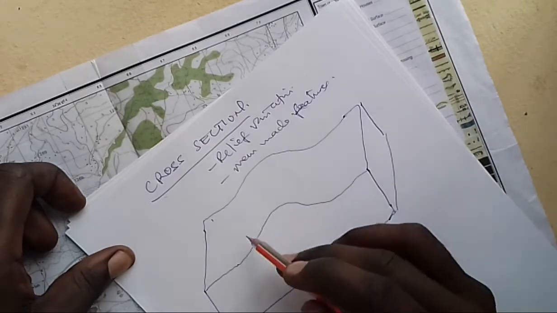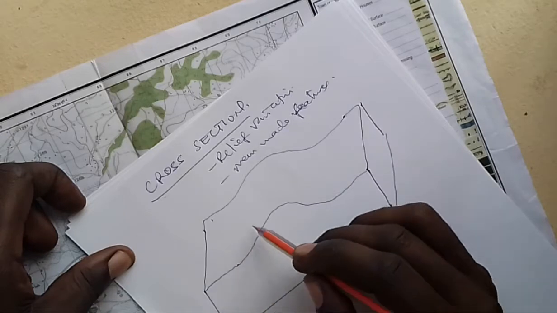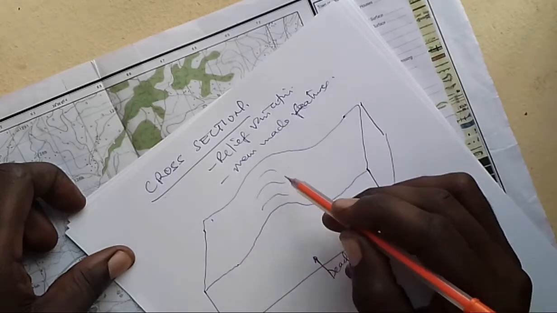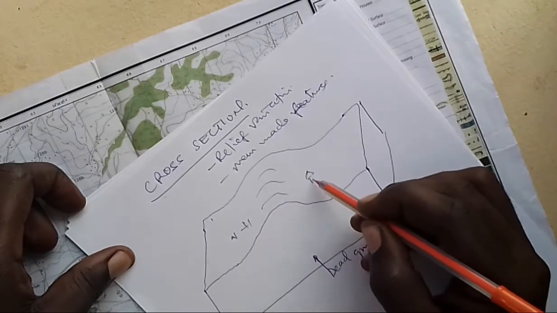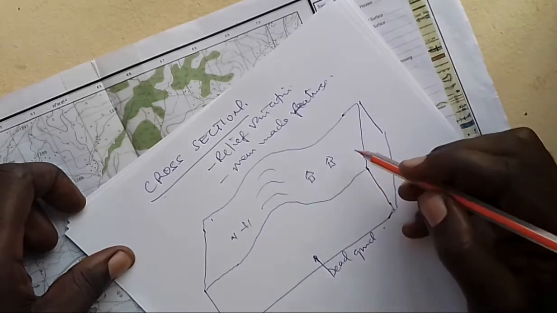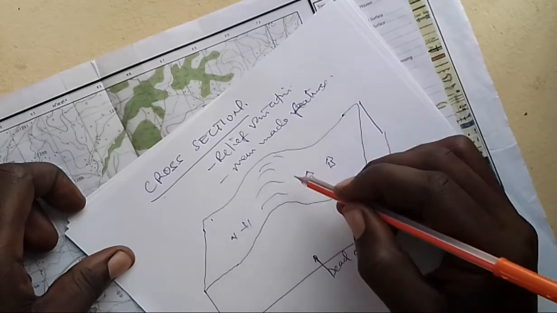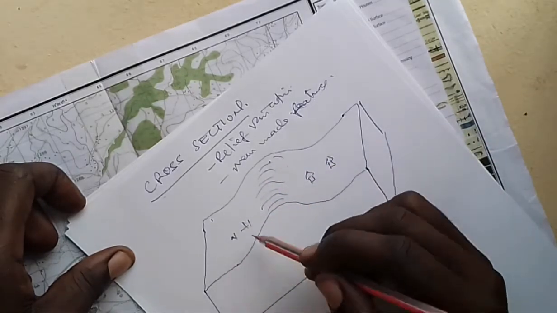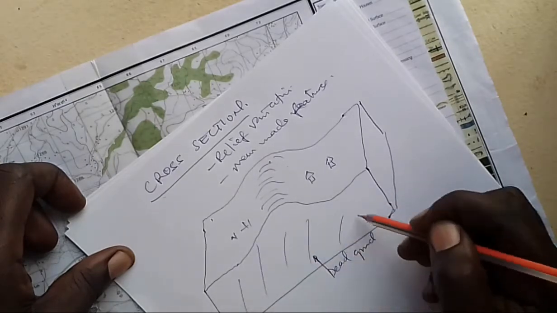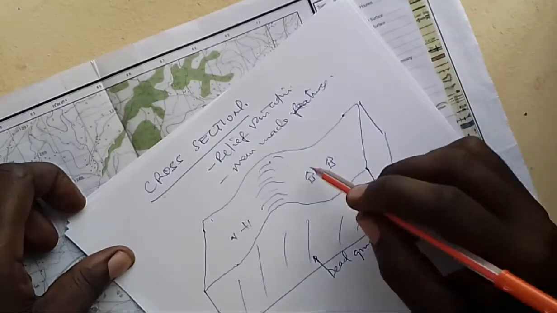Someone who is watching this is watching it from above. So we have this landscape. You can find a number of features. You can have vegetation, you can have houses. But basically you see this one is a peak of this hill. This area here is not seen for I'm seeing it from above.